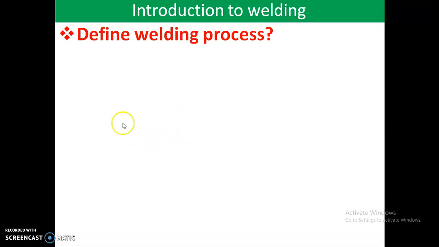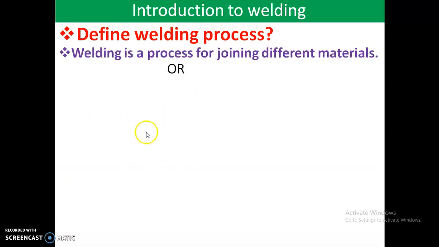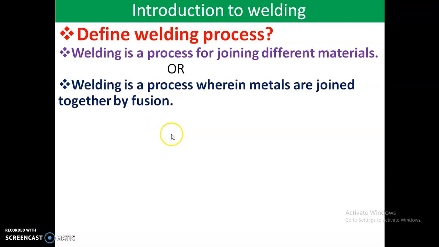Once again listen, welding is a process for joining different materials. Or we can define it another way. Welding is a process wherein metals are joined together by fusion. This is another definition.